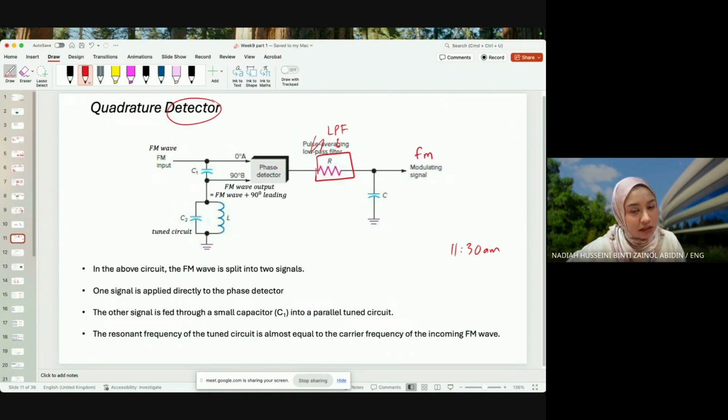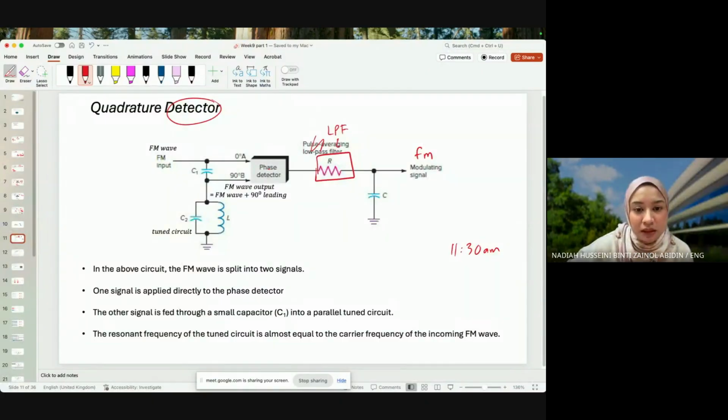This guy is a phase detector, and typically you would have a balance modulator, or sometimes it is called phase detector. So the phase detector symbol can be a box, or it can be also like this, and they would say phase detector.